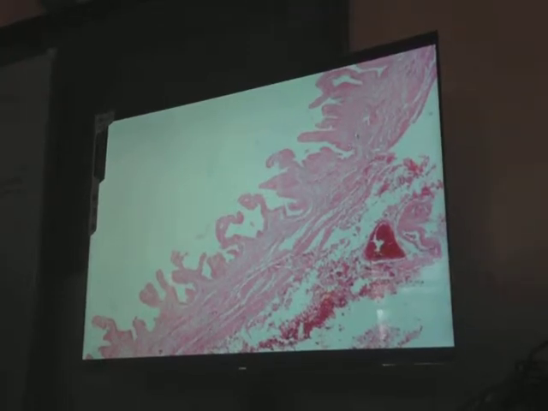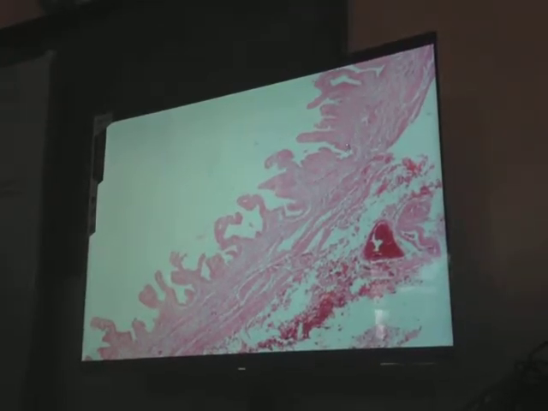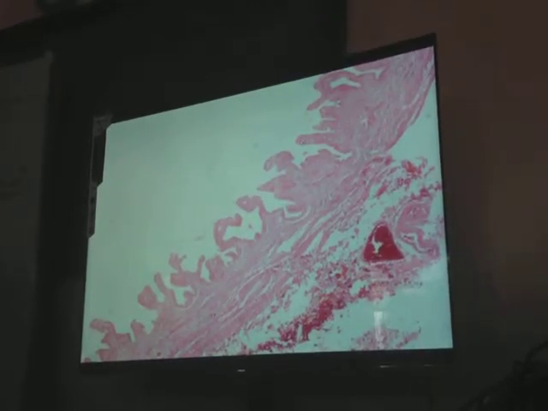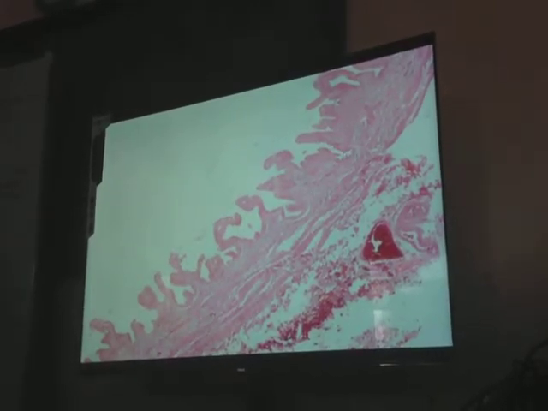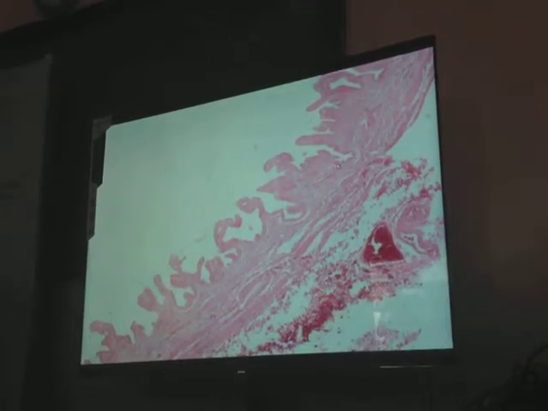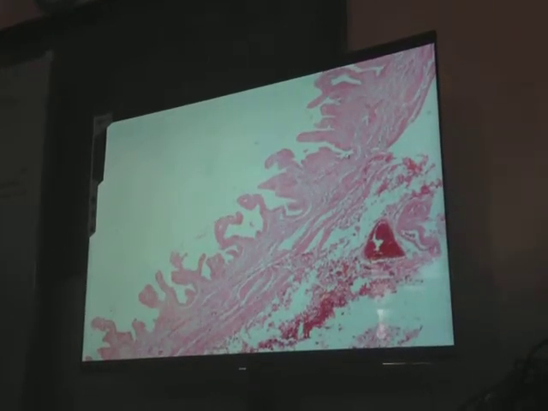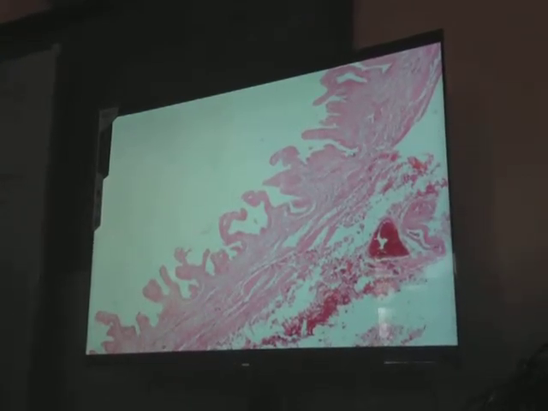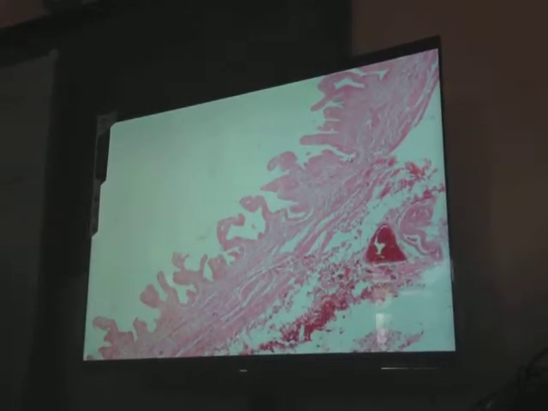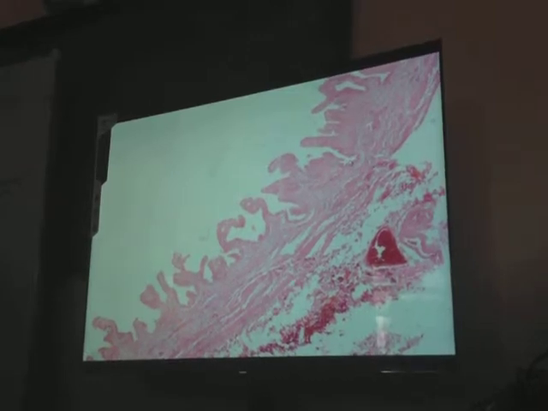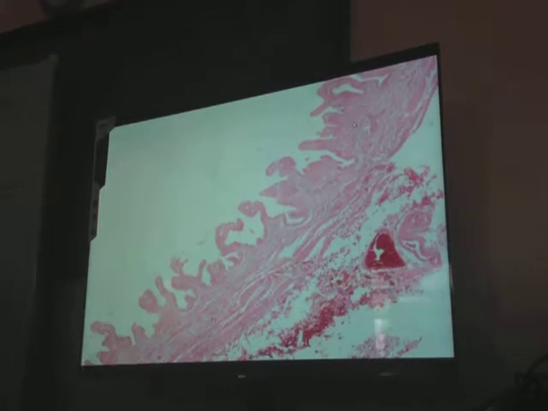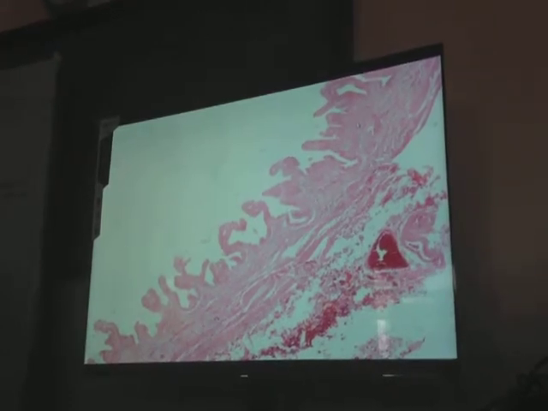Those are smooth muscle bundles already. The mucosa has invaginated deep into the muscular layer. What is the specific name of that sinus? Rokitansky-Aschoff sinus. So you should be able to see Rokitansky-Aschoff sinuses plus the mononuclear inflammatory cell infiltrates in the lamina propria.